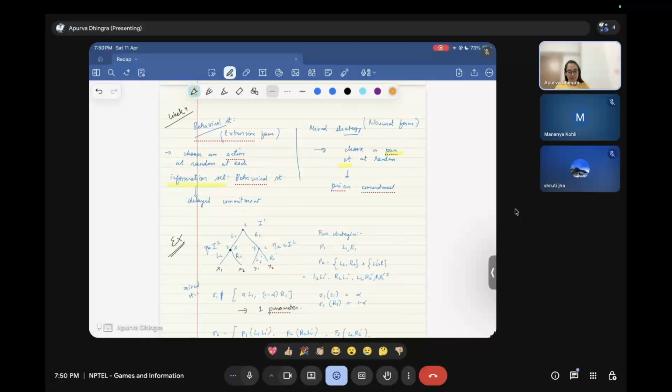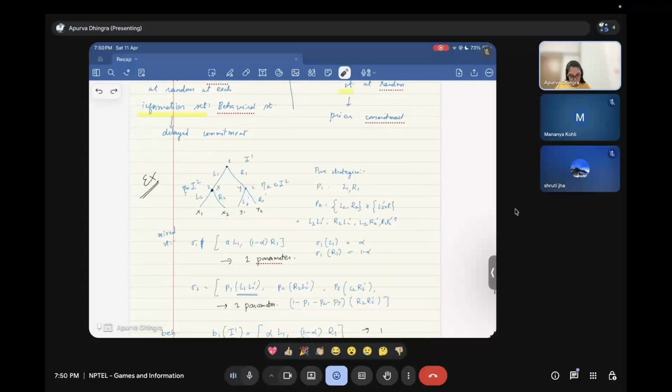Similarly, here we can have randomization at each information set. For example, if this is what we had.